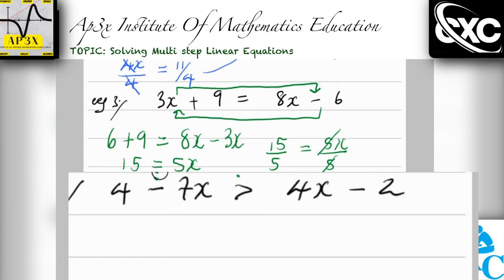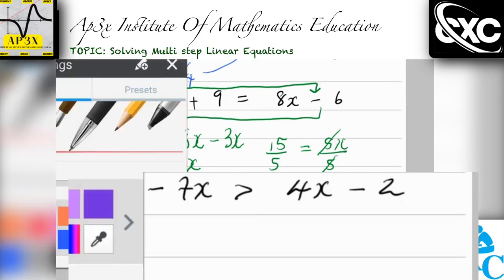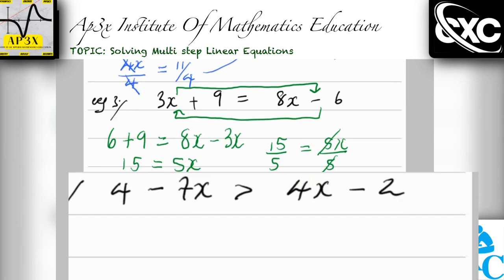So in this case, the safest route is to bring the 7x over to the side where the 4x is. So we're going to leave the 4 here. I'm going to bring this minus 2 all the way over to the left hand side, so minus 2 becomes positive 2.